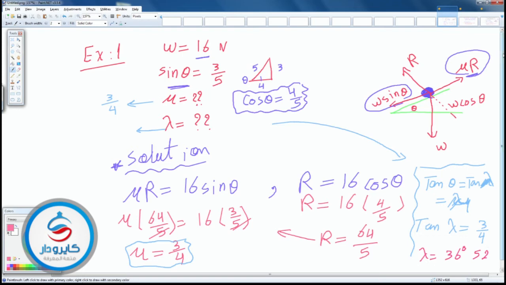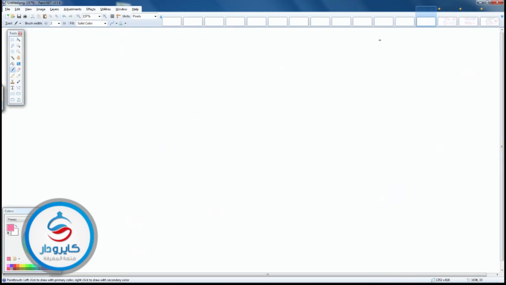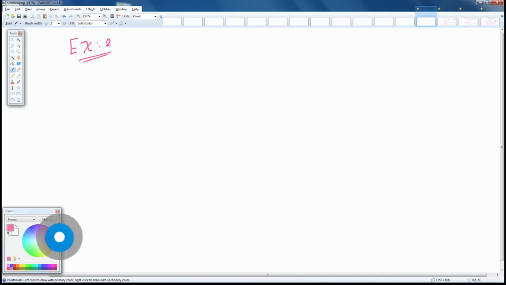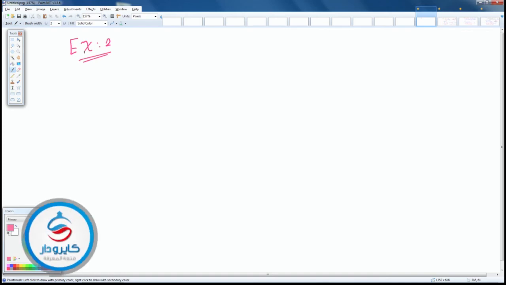Now we move to the second problem. This is example number 2. Let's read it together to find the givens. A body is placed on a rough inclined plane, making with the horizontal an angle of measure 60 degrees. The coefficient of friction between the body and the plane is √3/6. Show with reason that the body will not stay in equilibrium.